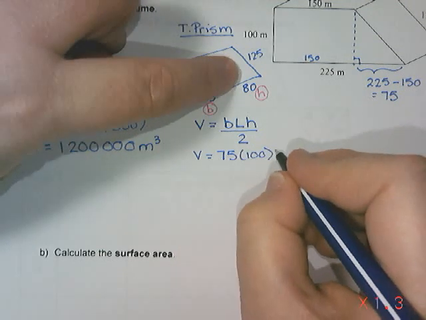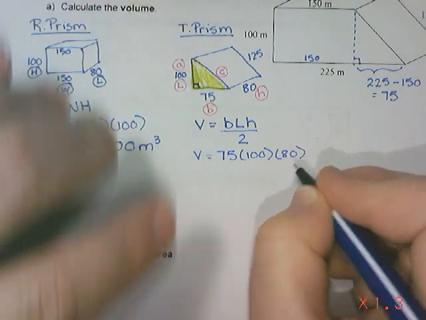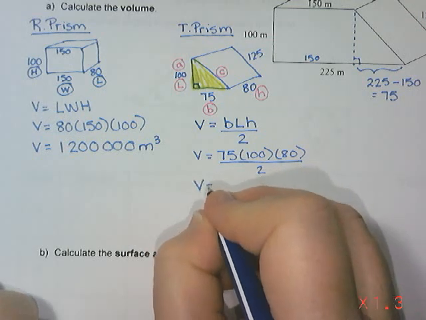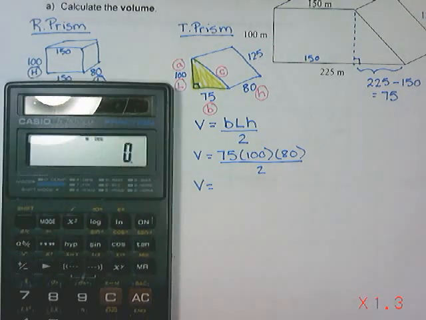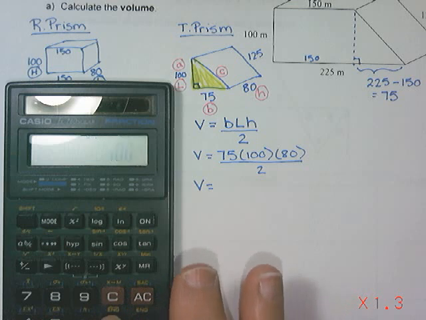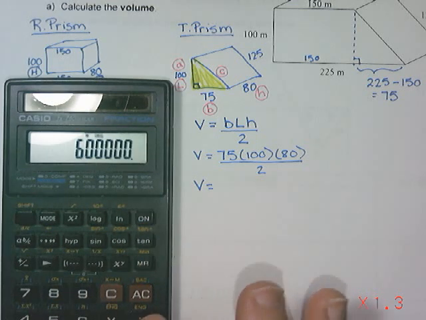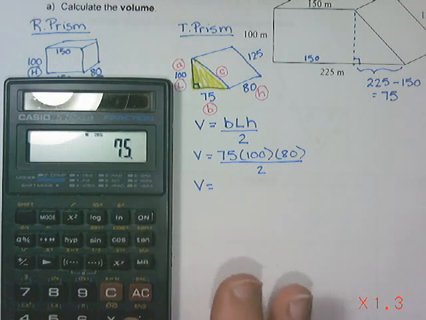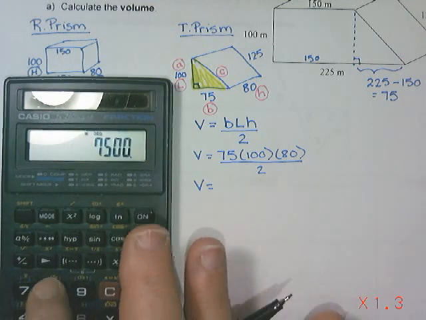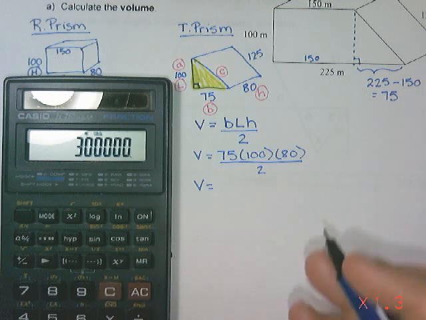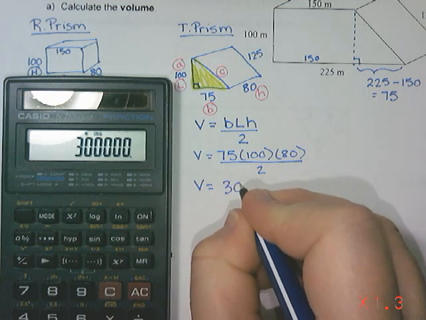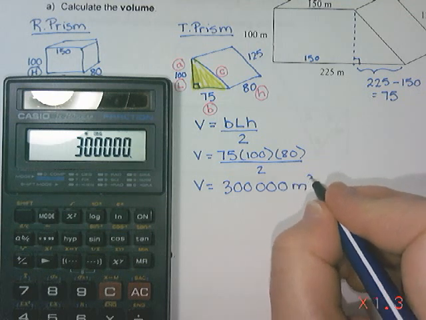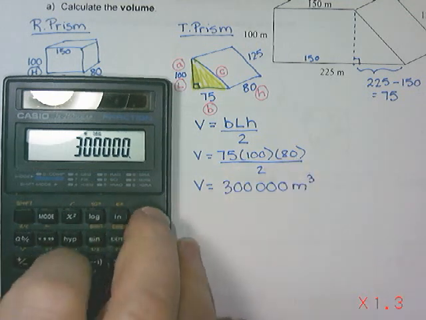The height is 80. And then that is divided by 2. All right, so 75 times 100 times 80, and then divided by 2, I got 300,000. I'm just going to check that one more time. Yep, we've got 300,000. And that should be meters cubed because I multiplied 3 things with meters together.